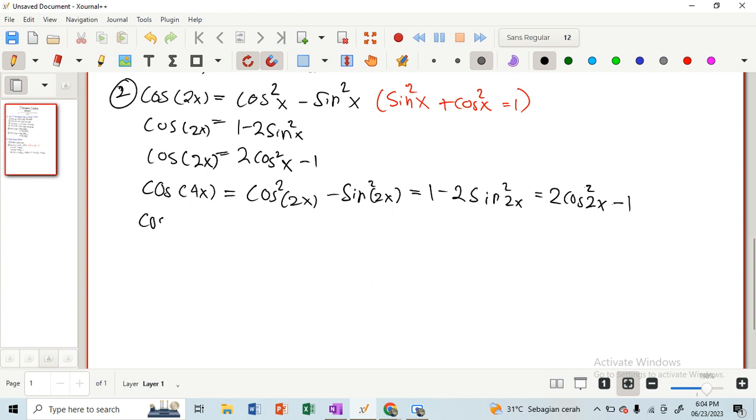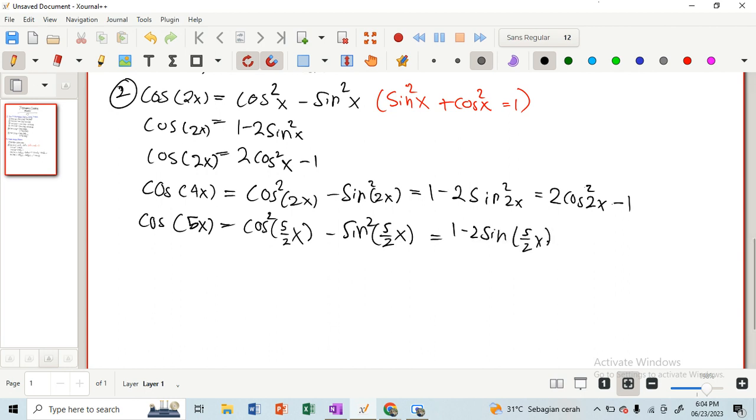Another example, if you have cosine of 5x, you could expand this into cosine squared of 5 over 2 x minus sine squared of 5 over 2 x. Or you could expand this as 1 minus 2 sine squared of 5 over 2 x.